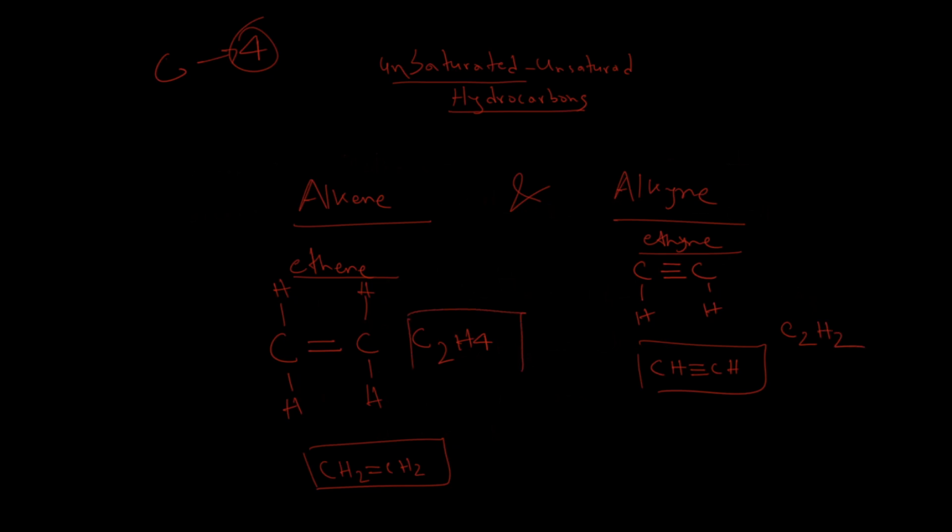From here we can also understand the general formulas. The general formula for alkene is CnH2n, meaning the number of hydrogens will be double the number of carbons. For alkyne the general formula is CnH2n minus 2. That means 2 into 2 is 4, minus 2 is 2.